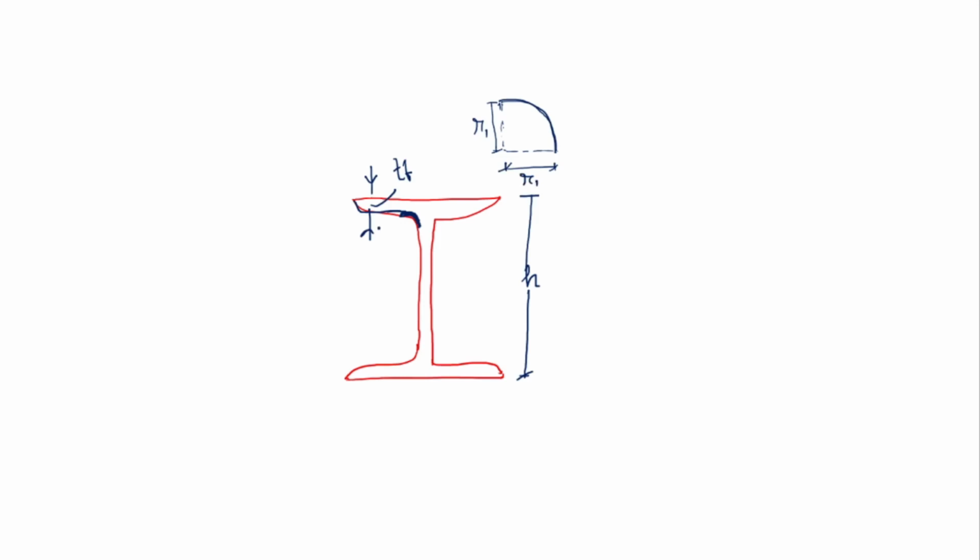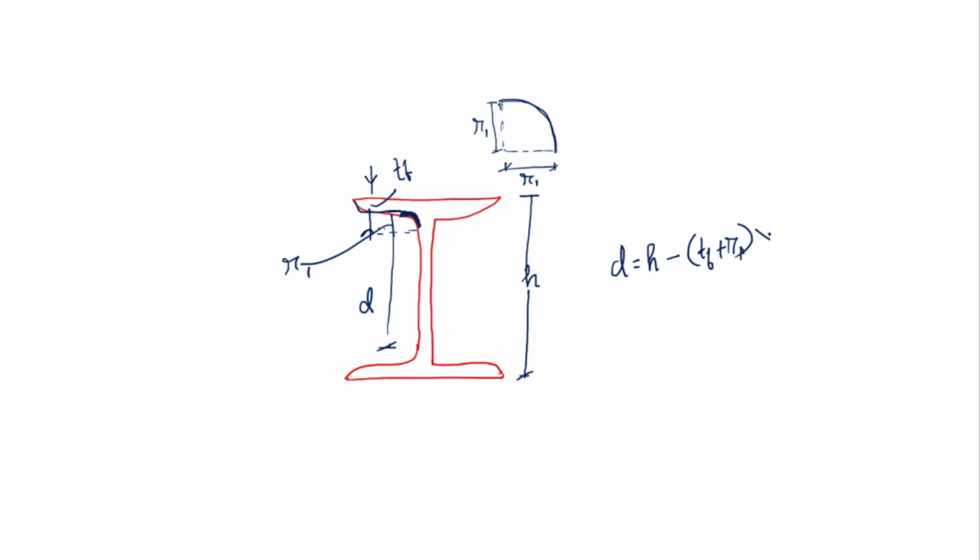So if I have to calculate the depth of the web, d is equal to total depth of the section h minus, this is R1, Tf plus R1 for the top flange. Similarly for the bottom flange also the same Tf plus R1 I have to subtract.